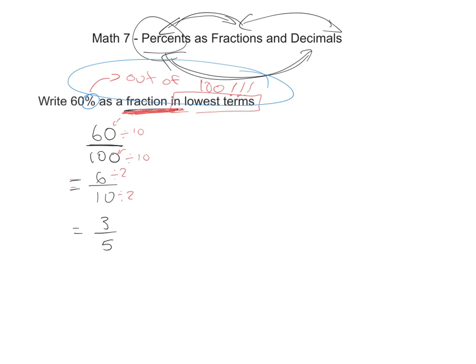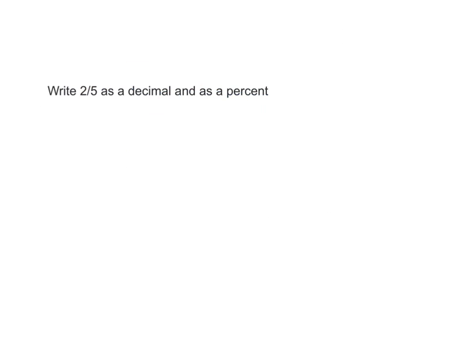I look at this, I can't divide 5 by 3, so I can pretty safely say 60% written as a fraction is equal to 3/5. So 60% is the same as 3/5 as a fraction. And that's in lowest terms.